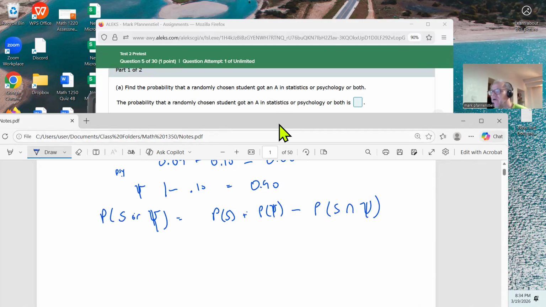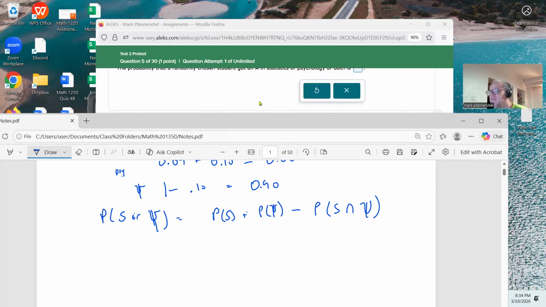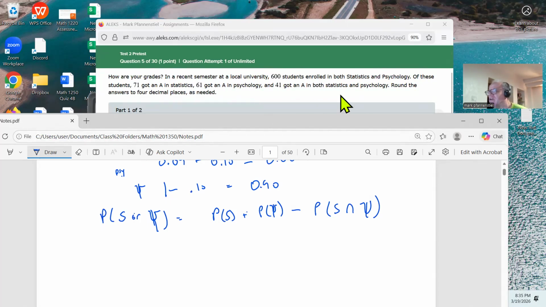So what are we doing with this? We have to go back up to the preamble. We have 71 out of 600, plus, 61 got an A in psychology, so 61 out of 600, minus 41 over 600.